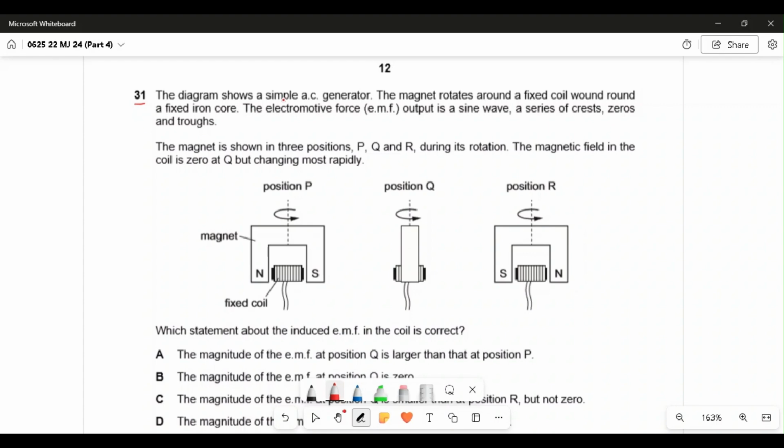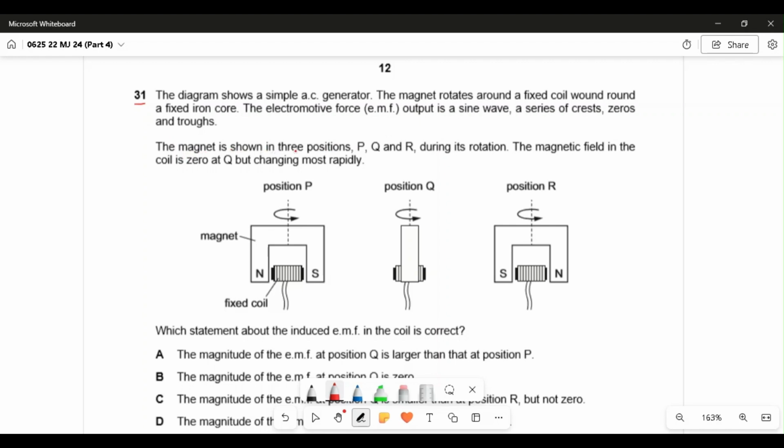The diagram shows a simple AC generator. The magnet rotates around a fixed coil wound round a fixed iron core. The EMF, electromotive force output, is a sine wave, a series of crest, zeros, and trough.